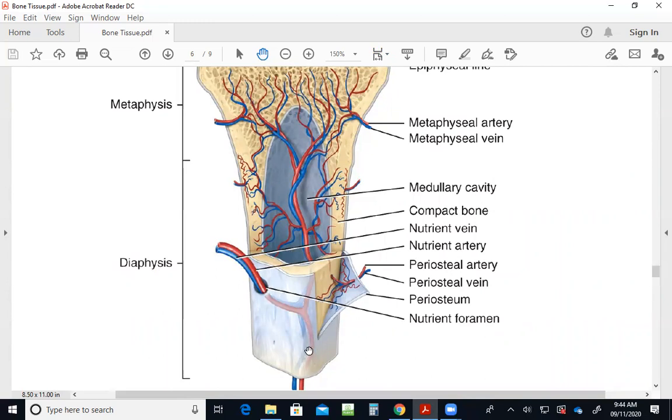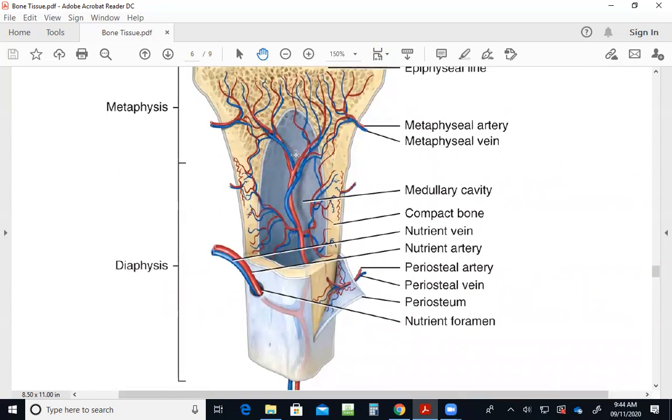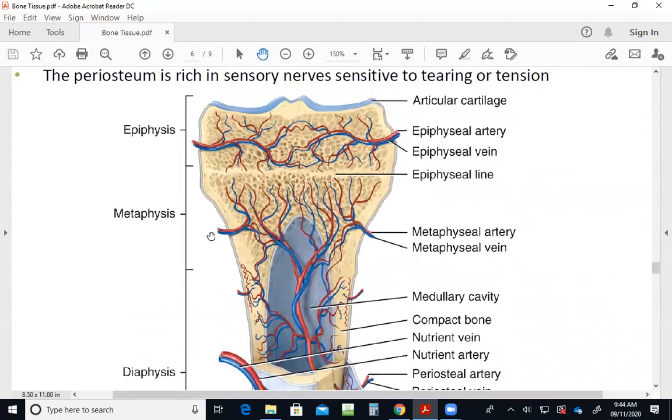You can see it then forks to form a distal and a proximal branch. One travels to one side of the bone, one travels, in this case, towards the ankle to the distal end. We also have metaphyseal arteries that travel in through the metaphysis, and epiphyseal arteries that travel in through a hole in the epiphyses.